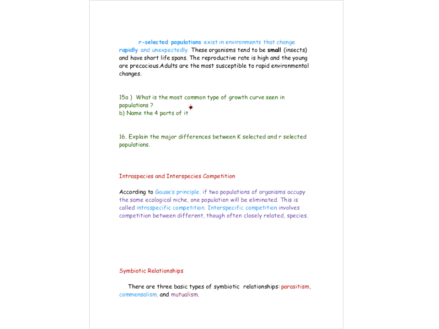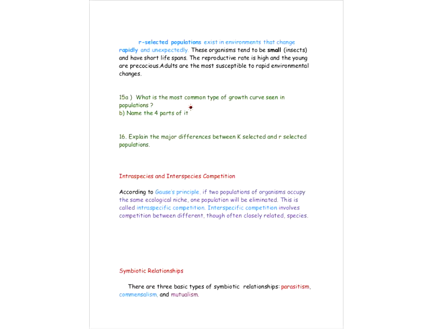If you have two species in the same area, or two of the same species of bear or whatever, say one comes into another area, one of them tends to be eliminated. So that's intraspecific. That's between the same species of, say, bear.